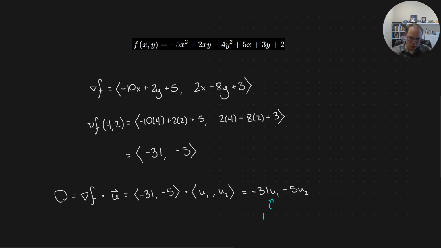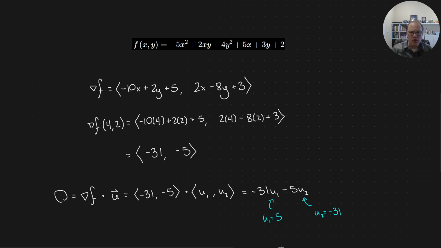I'm going to choose u1 to equal 5, and I'll choose u2 to equal negative 31. Okay? That will definitely make sure that this is equal to 0, right? Because in both cases, I get 31 times 5. In this first case, I have a negative and a positive, so that's a negative number overall. In this case, I have a negative and another negative, so that's a positive number overall. So one will be negative, one will be positive, and they'll be the same magnitude. So when I add them together, I'll definitely get 0.